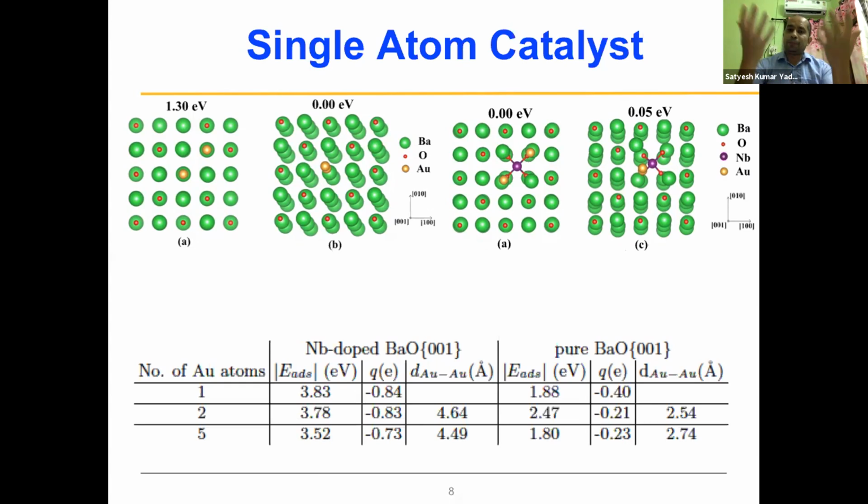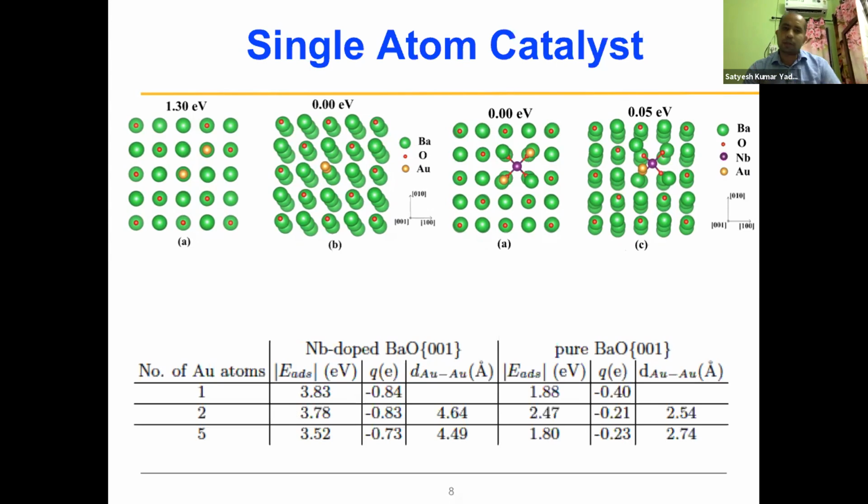Now they can donate electrons to these single atoms like gold, and they can stay separated. It also binds very well. This number shows 3.83 compared to 1.88. So not only do they stay separated, they also bind very well. Both of the challenges are addressed.